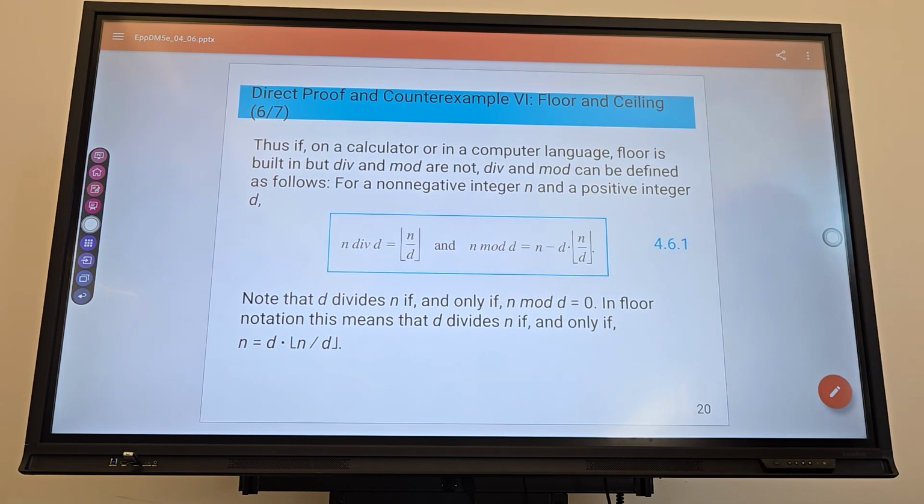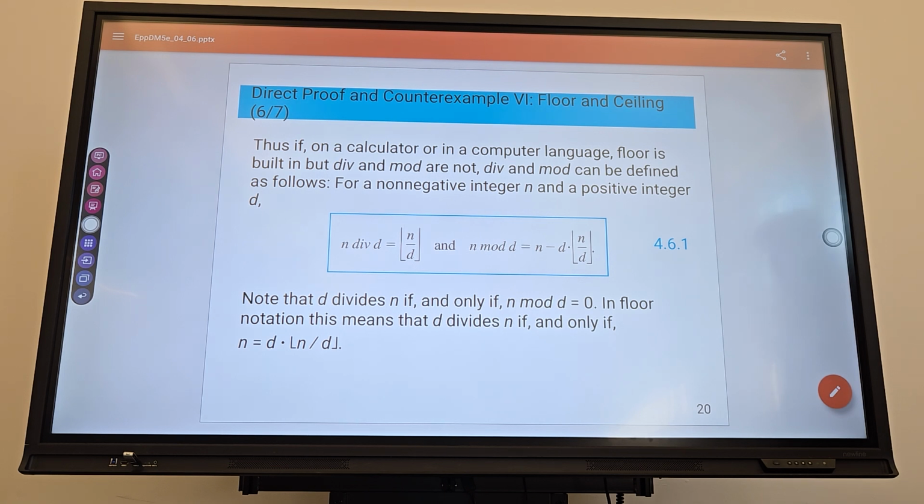Thus, if on a calculator or in a computer language, floor is built in, but div and mod are not, div and mod can be defined as follows. For a non-negative integer n and a positive integer d, n div d is the floor of n over d, and n mod d is n minus d times the floor of n over d.